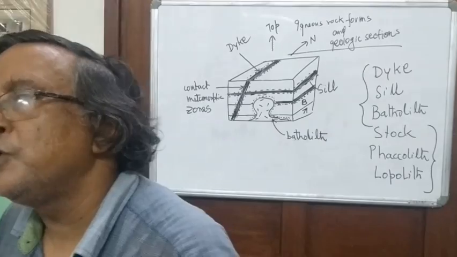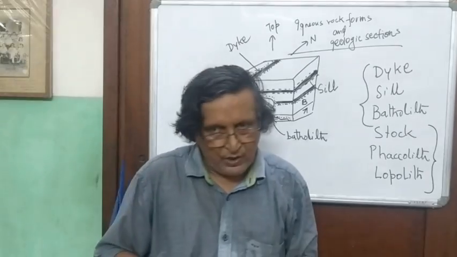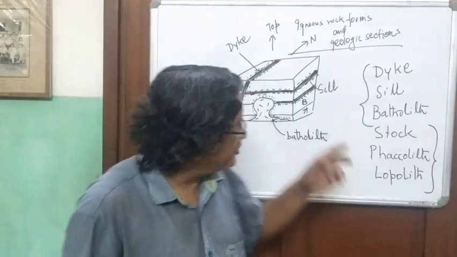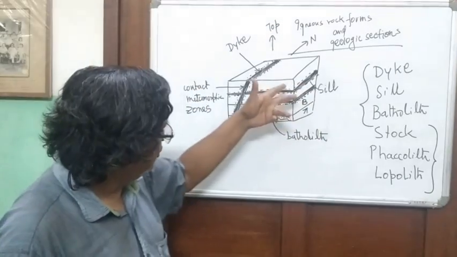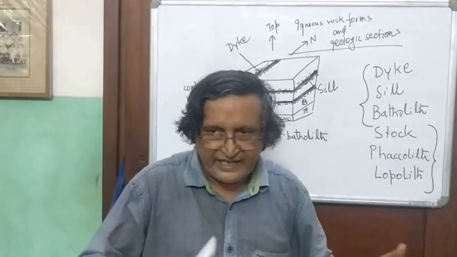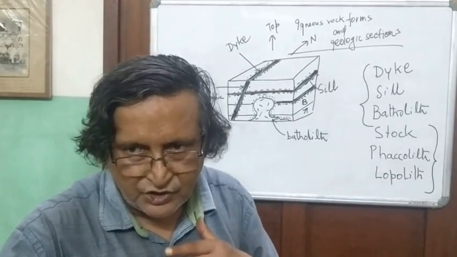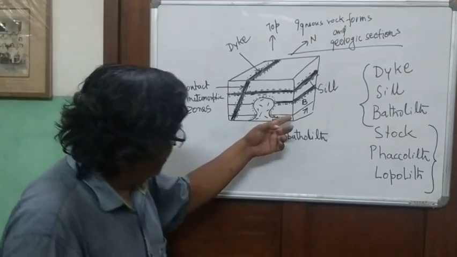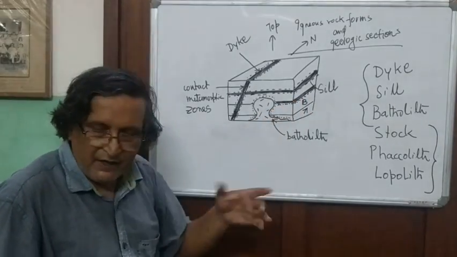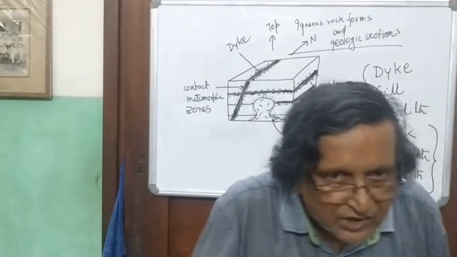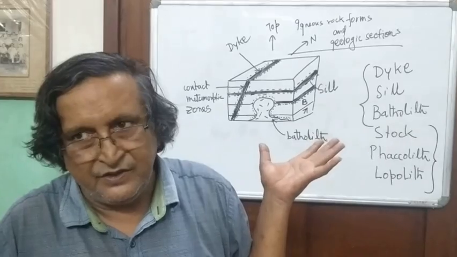So that is important to know: where is the contact metamorphic effect? If it's on both sides, then it could be a sill or a dike, depending upon whether it is concordant with the host structure or discordant with the host structure. But in case of a lava, it will only heat the lower part, because that rock was there. The rock above it wasn't there, so there's no question of heating it.